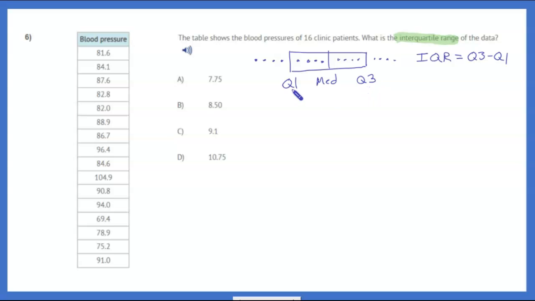Well, to know Q1 and Q3, what do we need to know? Q1 is right between these two numbers. So maybe we only need those two for Q1 and these two for Q3, and then we can calculate the IQR. We actually don't need all of the values.